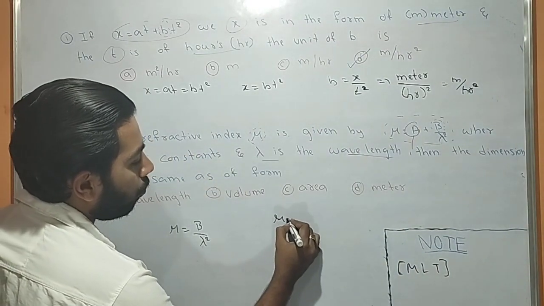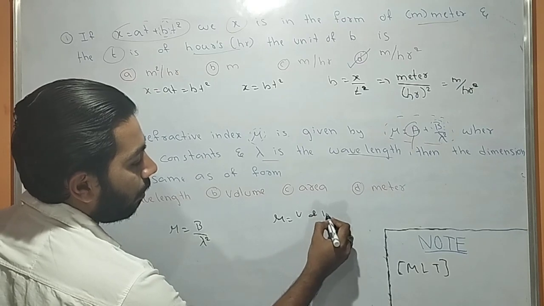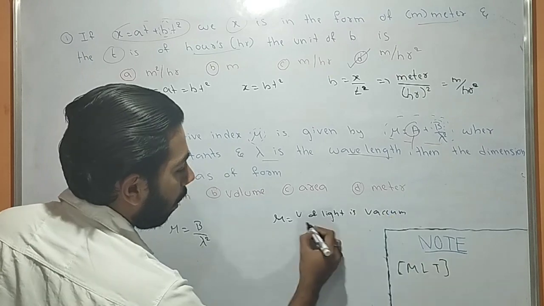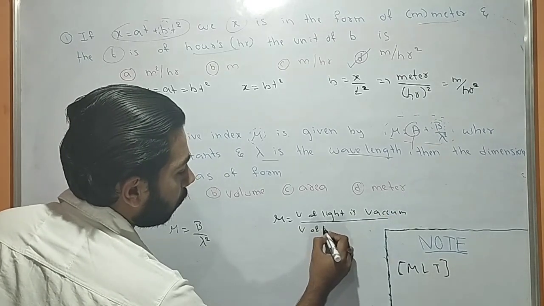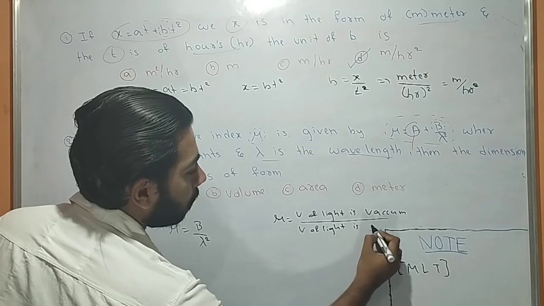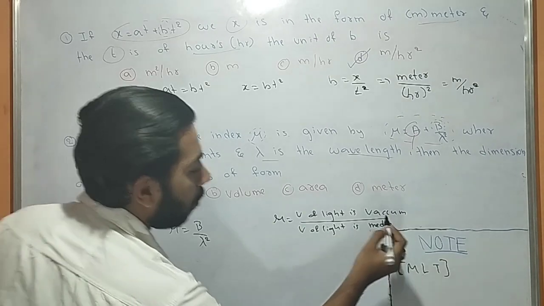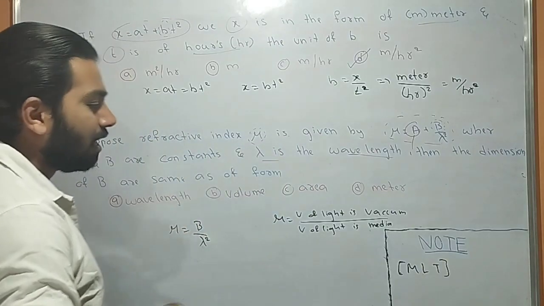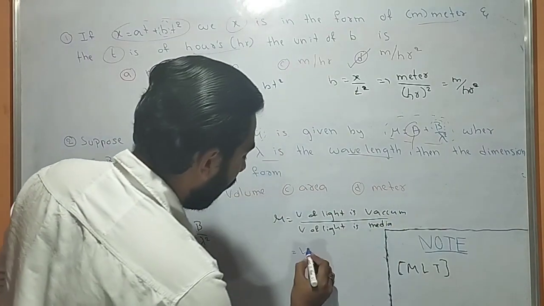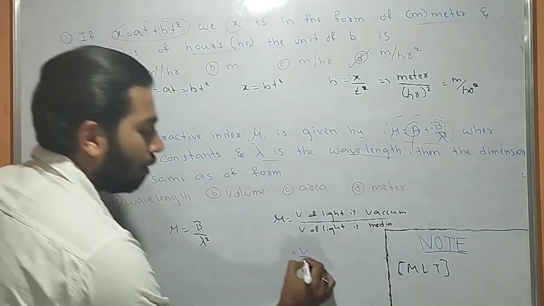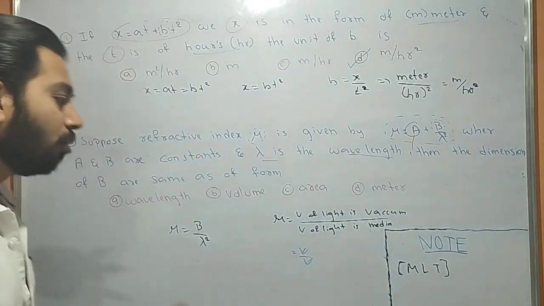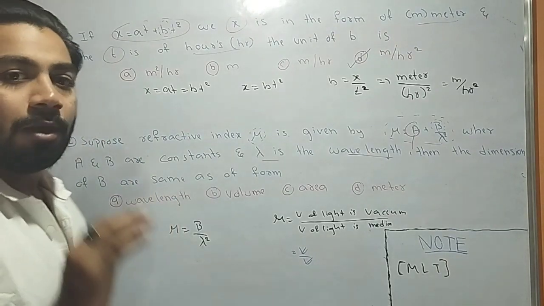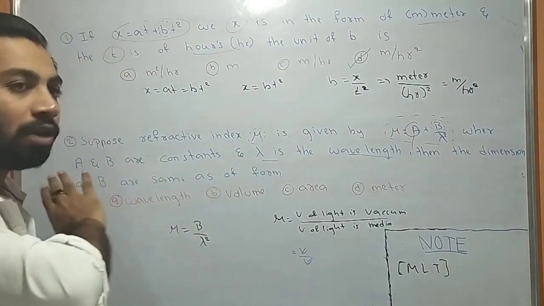Mu is equal to velocity of light in vacuum over velocity of light in medium. Now just imagine the above quantity is velocity, and the below quantity is also velocity. So you can just cancel them. So in this problem, mu has dimension 0, which means it has no dimension.